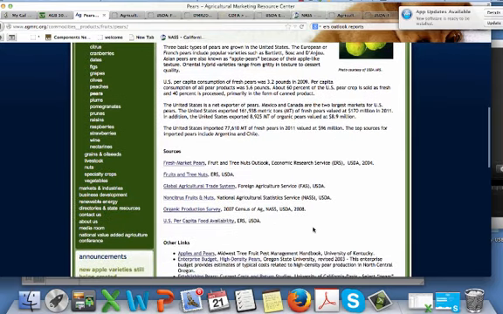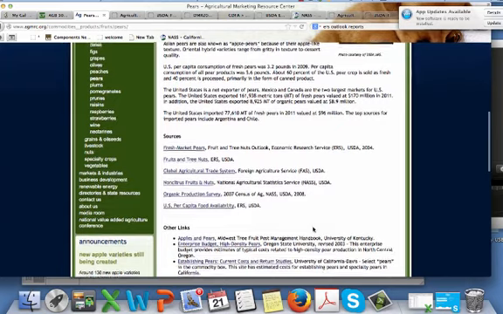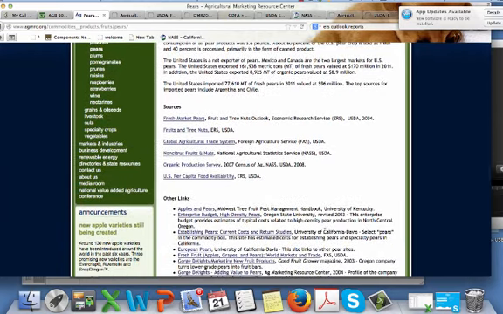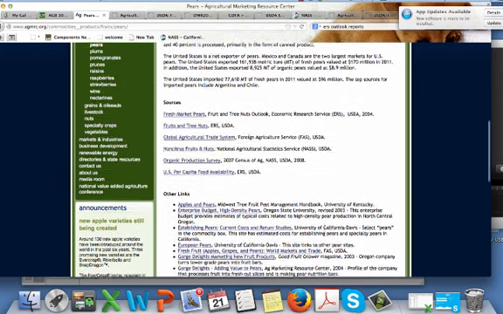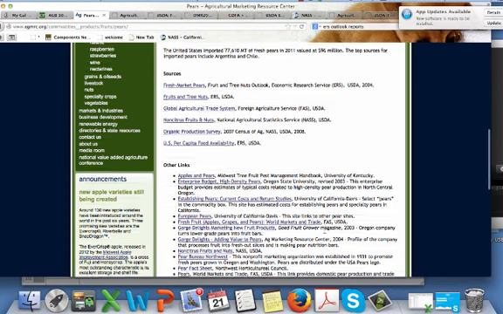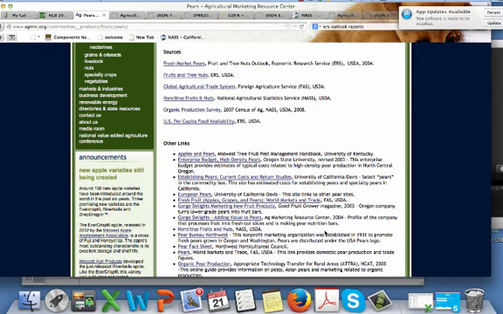Some of them may not fit my requirements for being in the proper area. Some of them might be geared more toward the home gardener. So you still have to keep your thinking cap on and be sure that you're getting the right information. But there are a lot of links, and you should be able to find some helpful information here.